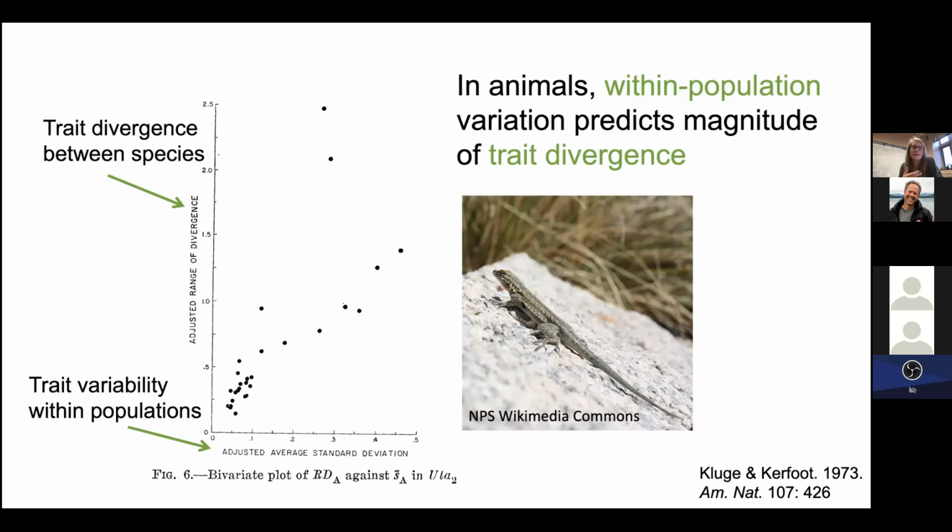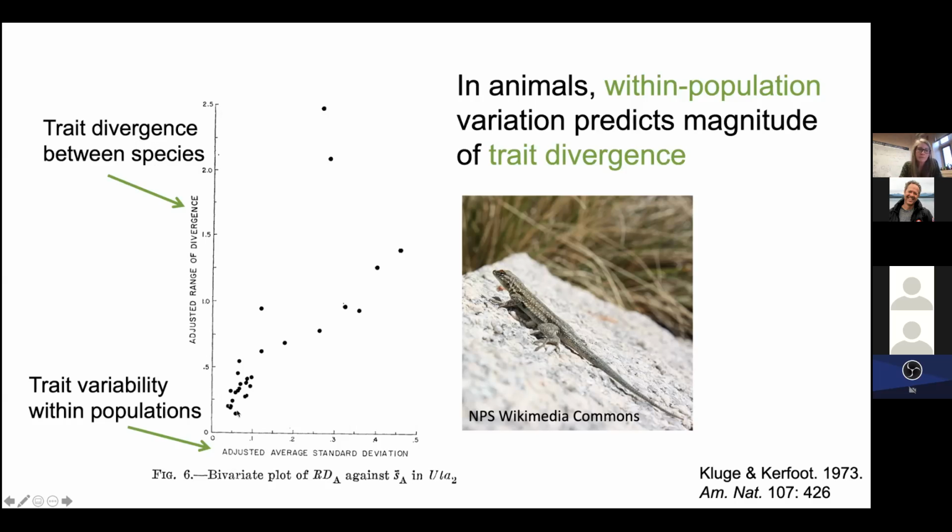One of the ways this pattern manifests in animals is shown in the figure here with really small axis labels, but that's okay. This is some work on side-blotched lizards, but it's repeated in other taxa as well, showing that if you take the entire clade of side-blotched lizards and measure several populations of species within that clade and plot the variability in a trait within species, within populations on the x-axis, so how variable is a given trait within populations, and then ask how much does that trait diverge across species within the same clade.